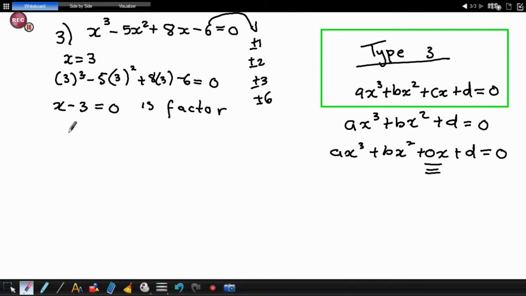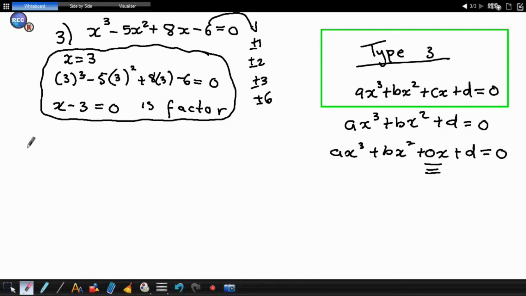So that means now when I want to factorize, I can go ahead and do this. I can say x minus 3, and then a bracket, the second bracket, will be a quadratic equal to 0. Now, because you are factorizing this expression on the left-hand side, I need to make sure that the first terms of those 2 brackets generate the x cubed.